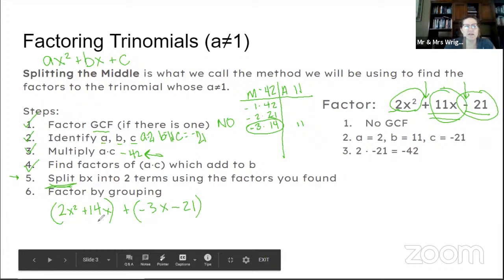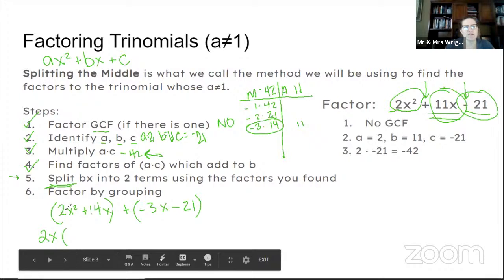Okay, now that I've grouped them up into group 1 on the left and group 2 on the right, I'm going to find a common factor to take out of them. So 2x squared plus 14x, a common factor is going to be 2x. So this is the factor by grouping. So I grouped them and now I'm taking out a common factor, right? 2x. So what does that leave me with?